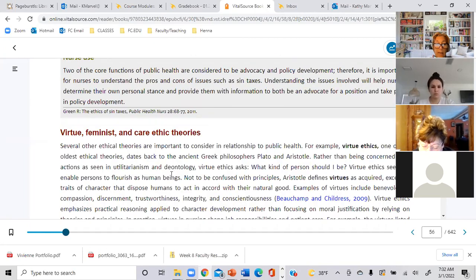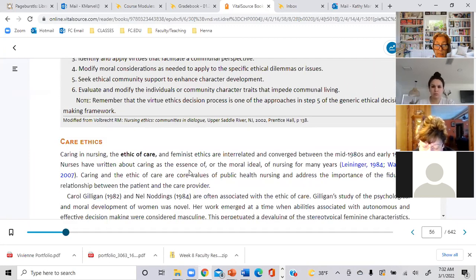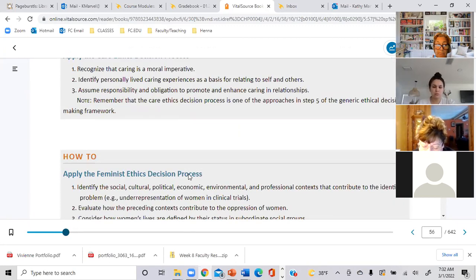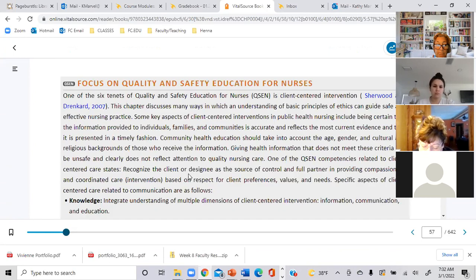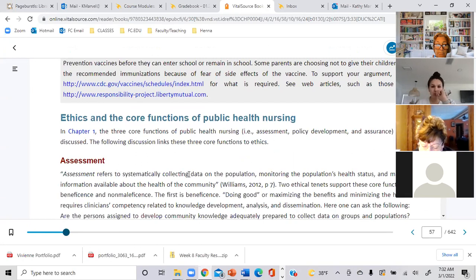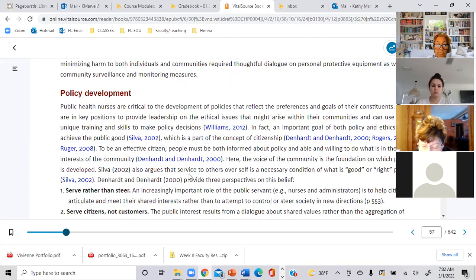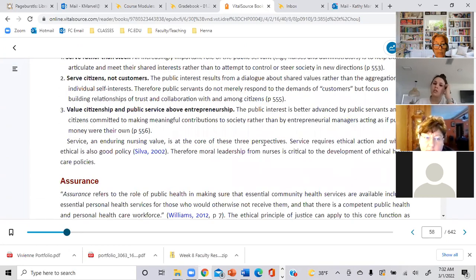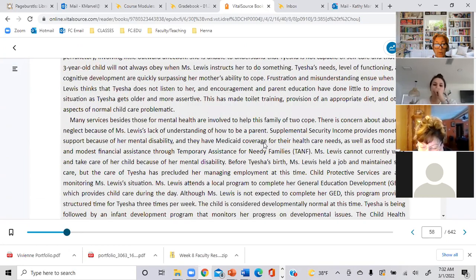I'm going to have to come back to that. I don't want to get bogged down with that. Has anybody read through this chapter and knows where that is?